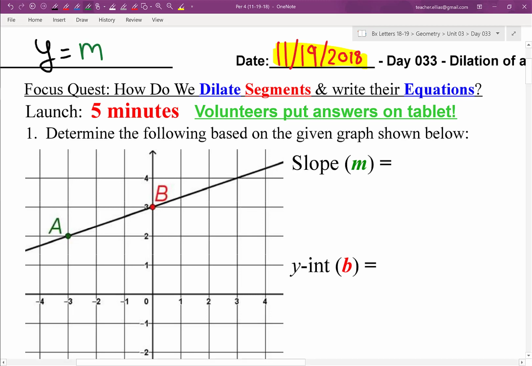Okay, so the white. You can take a look at the board in the top left-hand corner if you want a little hint. Yeah?